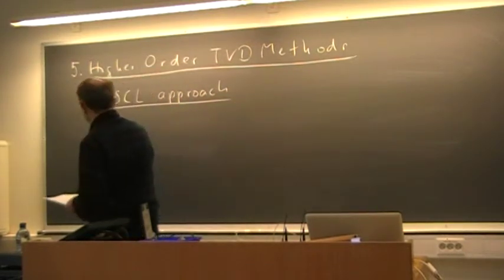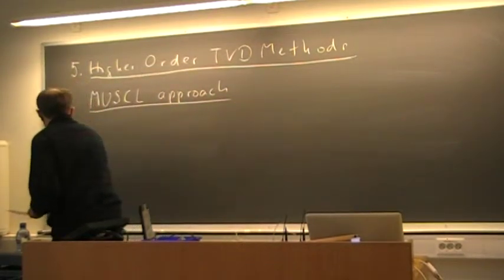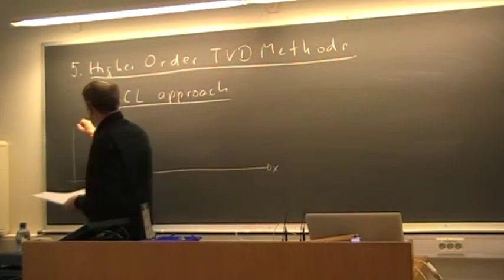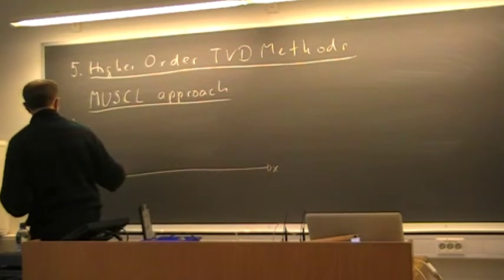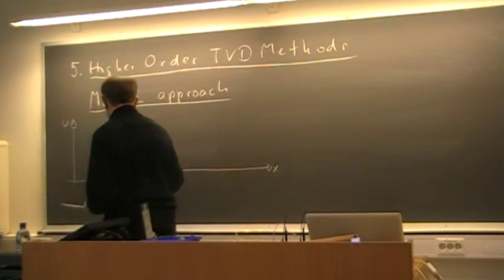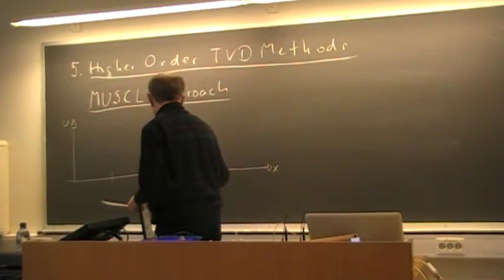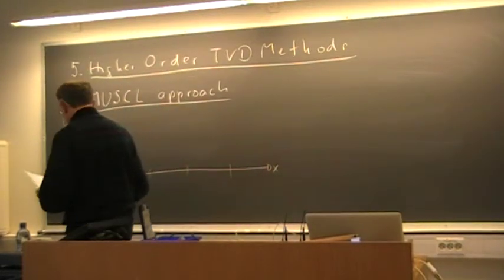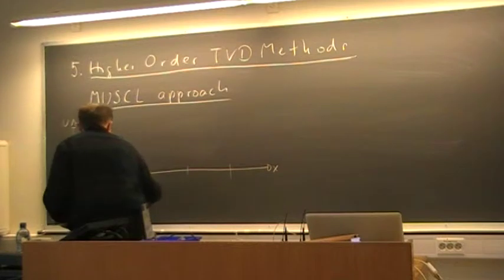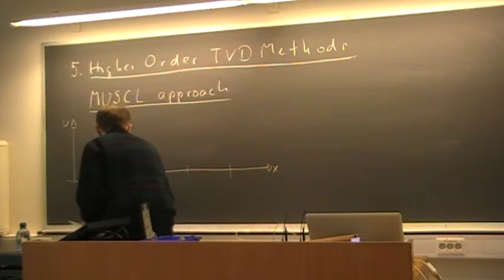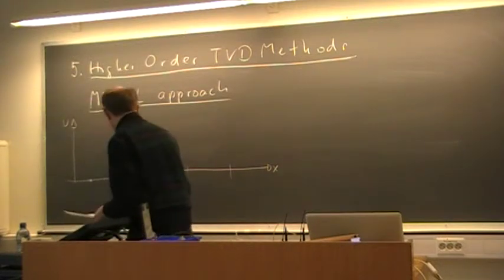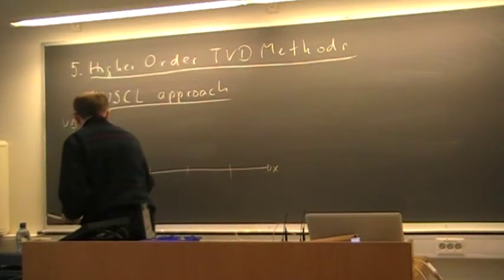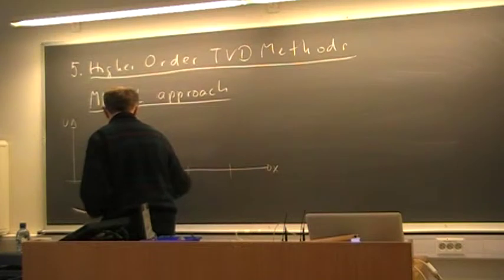And the idea is that we have our domain, our unknown, and we have a couple of cells where we have our midpoints, and we focus on the cell j with the boundaries x_{j-1/2} and x_{j+1/2}.